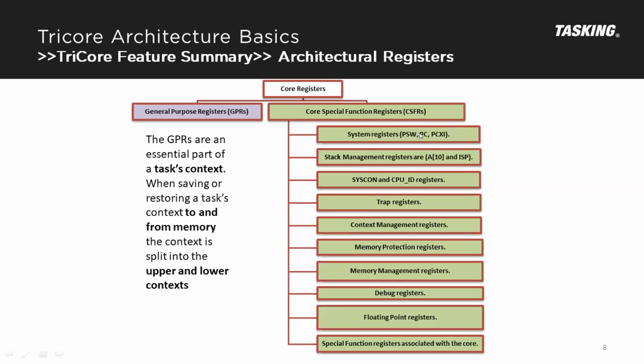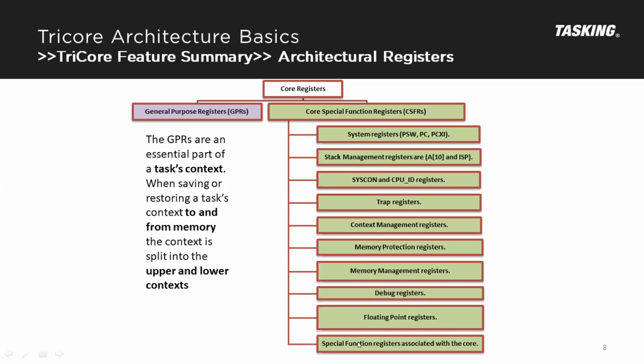So it's system registers like processor status word, program counter, and previous context switching, and some registers related to stack management, some system configuration registers and CPU ID registers, some registers related to traps, some registers related to context management, memory protection, and memory management, and some registers related to debugging as well, and some registers related to the floating point, if the floating point unit already exists.